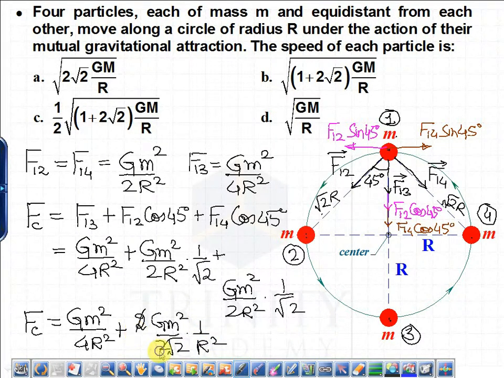We can cancel out the 2 over here. So this is what we get as the result: Gm square by 4r square plus Gm square upon root 2 r square. Let us continue on the next slide for the further evaluation of this problem.